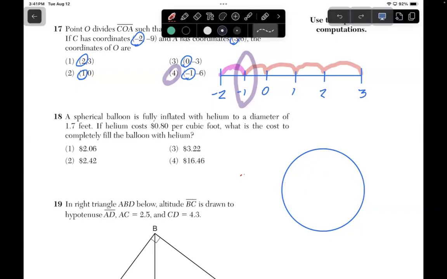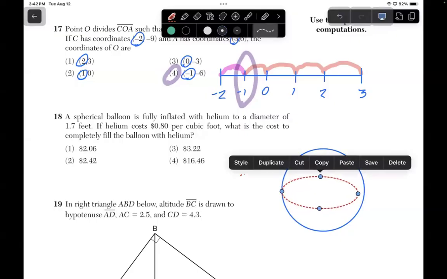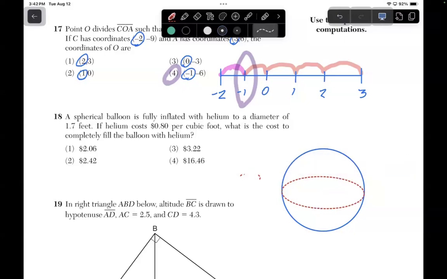Okay, so that's what our sphere is going to look like, and we want the diameter all the way across to be 1.7 feet.